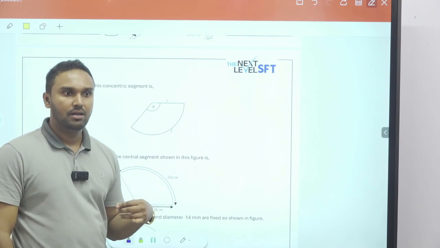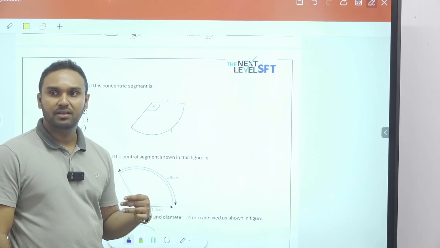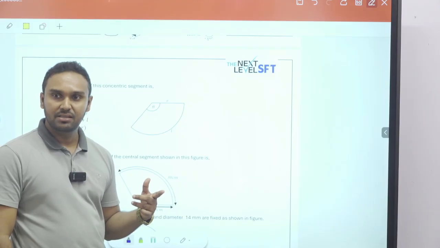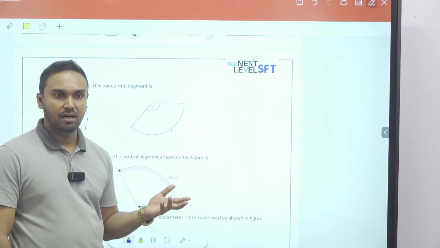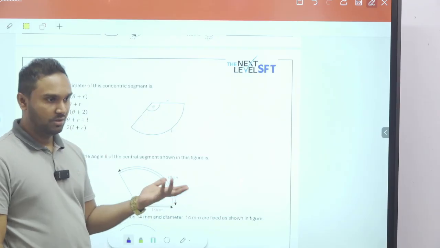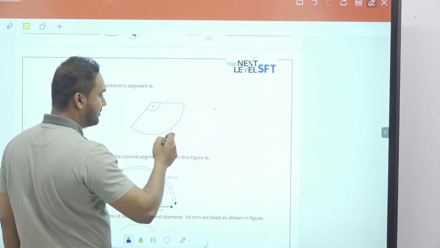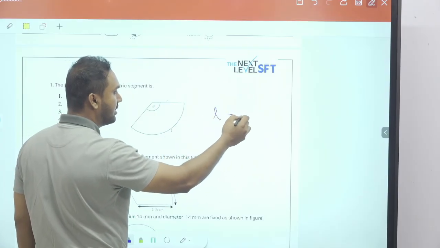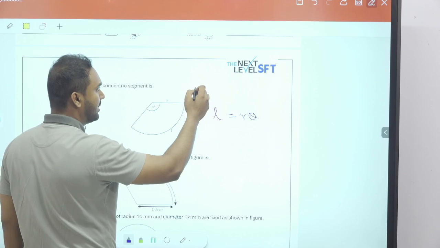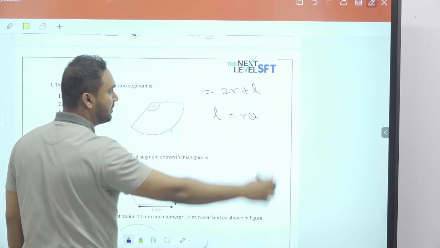How and where does theta appear in a formula with a length? That is S equals R theta, right? The arc length equals radius times radian theta. So in this case L equals R theta. So the perimeter should be 2R plus L, right?